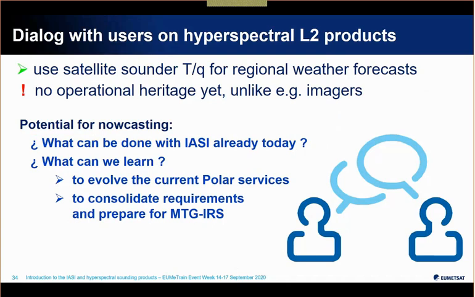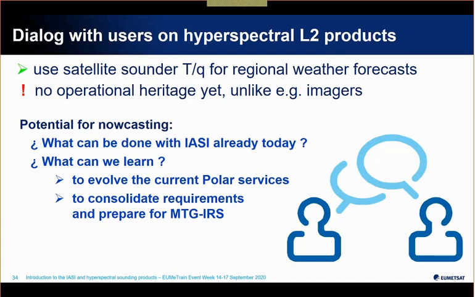Okay, so I'm done with the introduction of all the instruments and the principles of atmospheric sounding with these instruments. We have talked about the potential and the limitations, but really where we are now, after about 2 years of engaging with the users and studies, is to learn still what we can do with these products, and to consolidate the requirements in view of IRS.